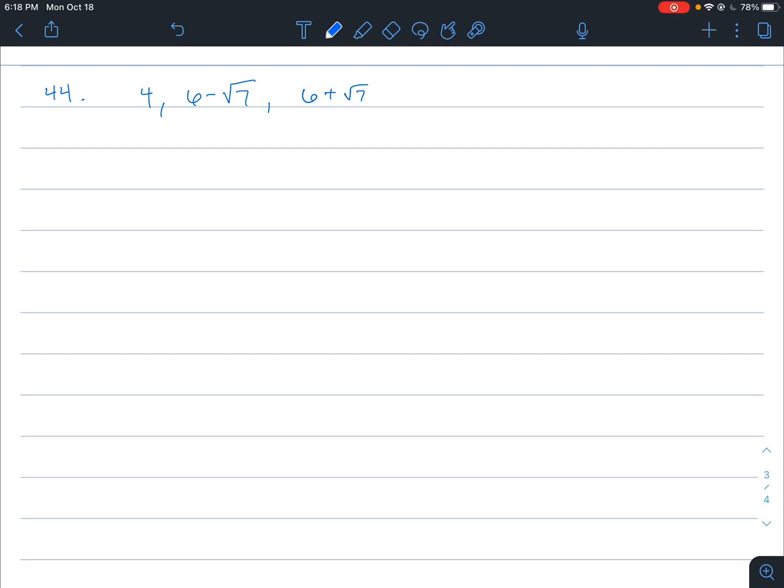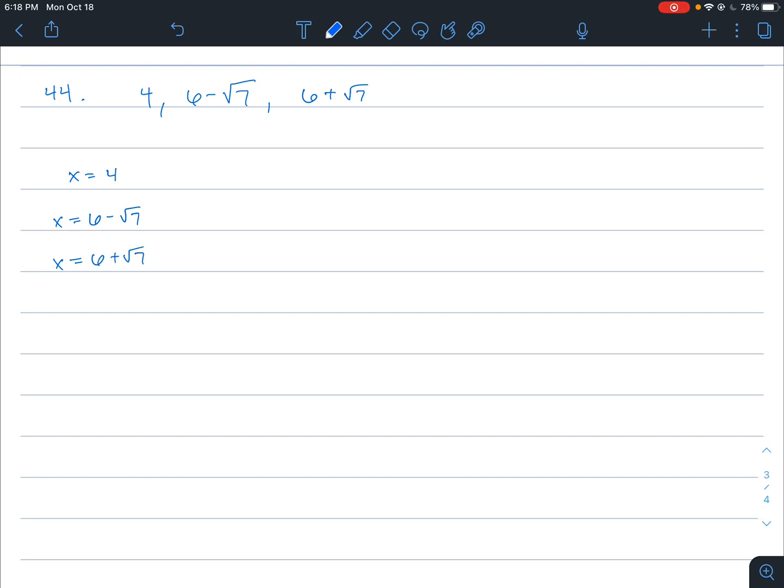Now, we want to find a polynomial, so it wants us to write the polynomial. This is what I would do. We know that x is equal to 4. We know that x is equal to 6 minus the square root of 7, and x is equal to 6 plus the square root of 7.